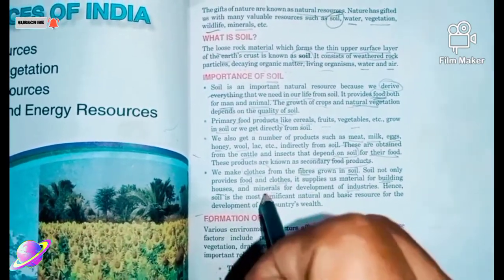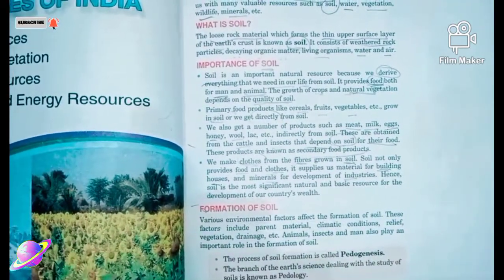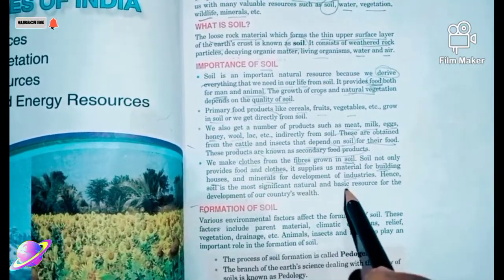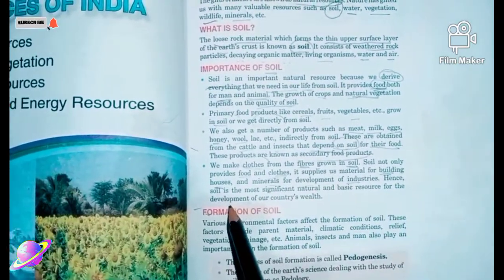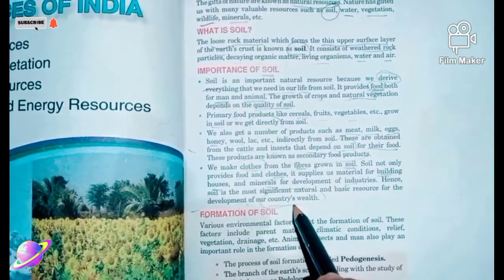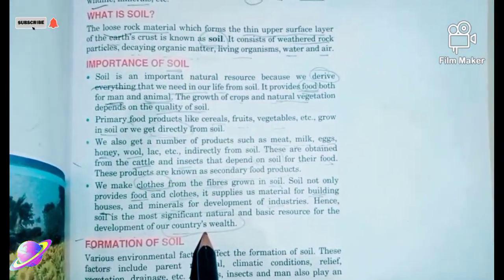If the soil is rich in minerals, then the country or the area can be well developed with the help of those minerals. Hence, soil is the most significant natural and basic resource for the development of our country's wealth.